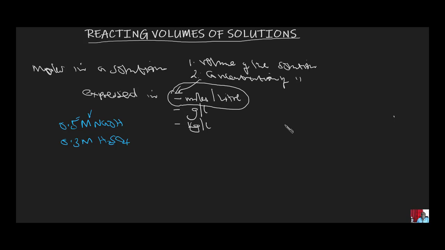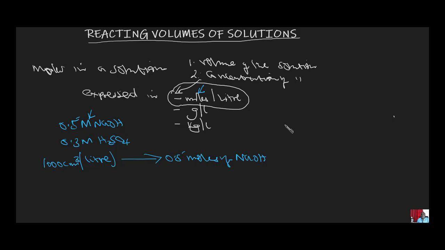So don't confuse this M with moles. This is simply a quotation of the concentration. For example, 0.5 M sodium hydroxide means that in 1000 centimeters cubed, which is a liter, it has got 0.5 moles of sodium hydroxide.